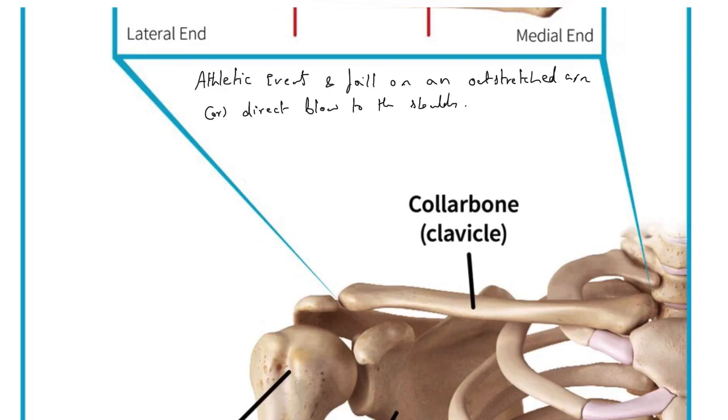So if the patient is an athlete, or falls on an outstretched arm, or has a direct blow to the shoulder, then we can see this type of clavicular fracture.